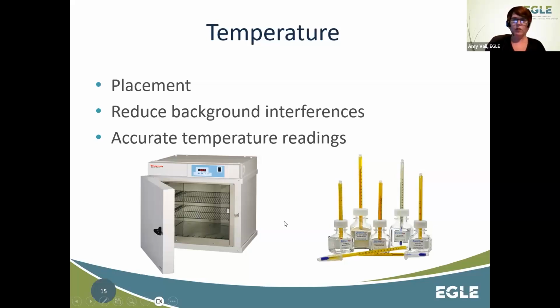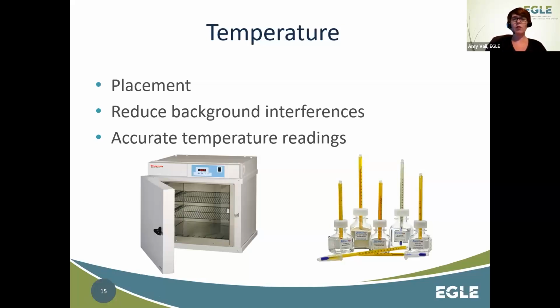That's always good practice, especially if you have larger incubators, because the temperature at the top might not be the temperature at the bottom. Wherever your samples are, you want to know what temperature those samples were at. If you just have one central thermometer in there, you could be off by 0.5 degrees or 0.25, 0.2 degrees, and that might make your sample out of compliance if you are a certified lab.